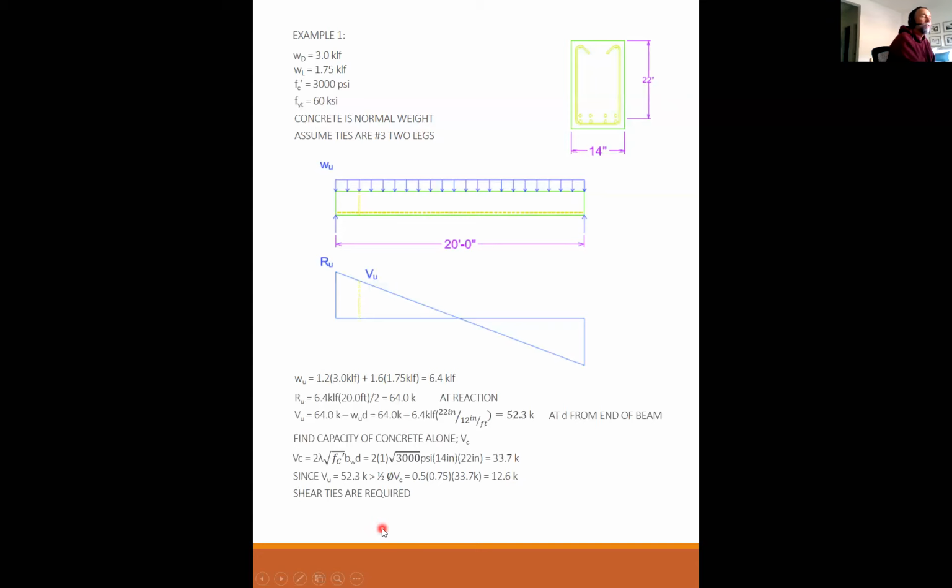So all that tells you is that shear ties absolutely are required at this location. Okay, remember last time we talked about the code does allow you to discontinue the use of ties. You don't always have to have ties the whole length of your beam, but you can only discontinue them when you get to a point where VU is less than half of phi V sub C, which would be in here someplace, but certainly not here.